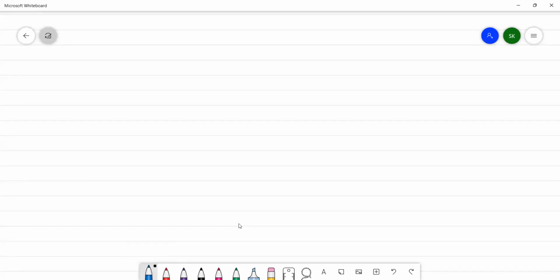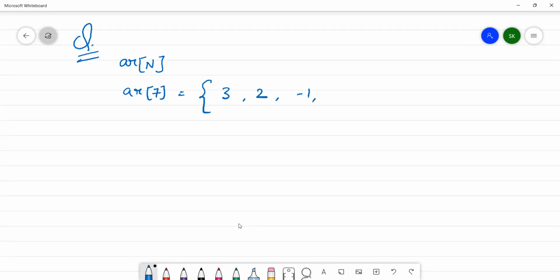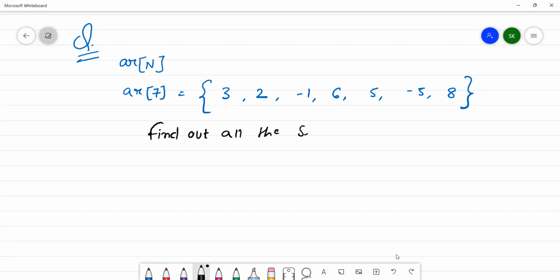So, the last question for today is: you have been given an array of n numbers. Let's suppose you have been given an array of 7 numbers. The numbers are, and you need to find all the subarrays.